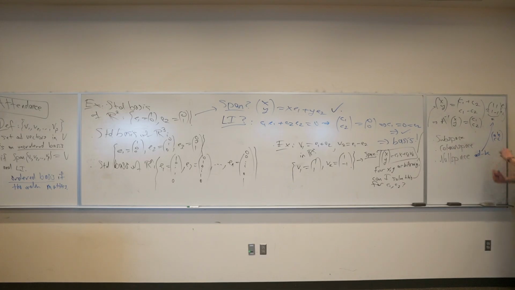So AD is, well, I'll be explicit, 1 times minus 1, and then minus 1 times 1. Sorry, that's minus 1. That's also minus 1, which means this is minus 2, which is non-zero. AD minus BC non-zero means A inverse exists.